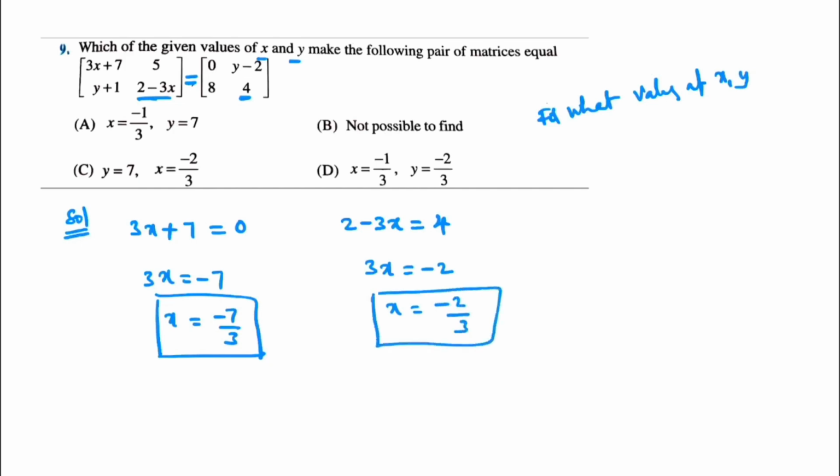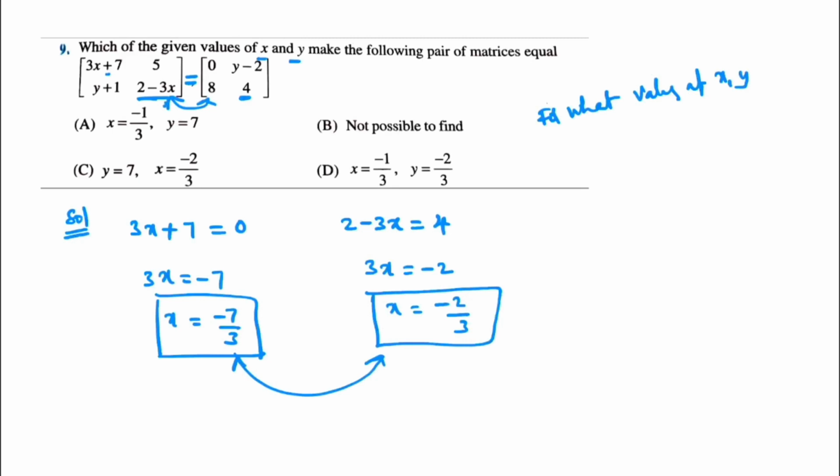What happened here? You can observe. You got two different x values. When I put x equal to minus 7 by 3, you should get both the matrices equal. But when I put x equal to minus 7 by 3, this value will become 0, but this is not 4. Try to understand what I am saying.